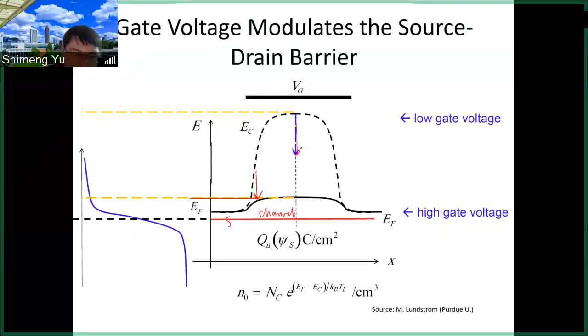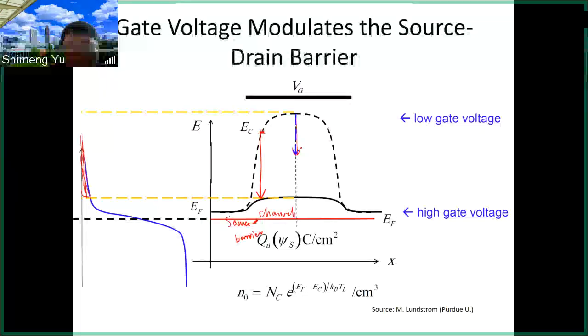So this is a key. Okay, this source to channel barrier is a key, this one. This is because of the distribution of the electrons in the conduction band, we have this exponential decay function here.